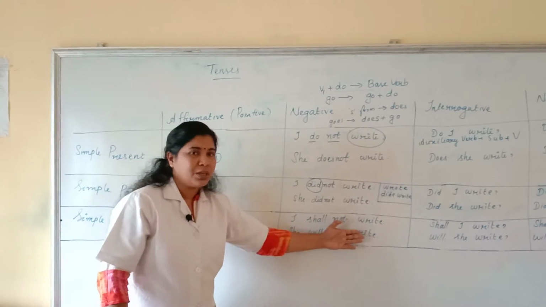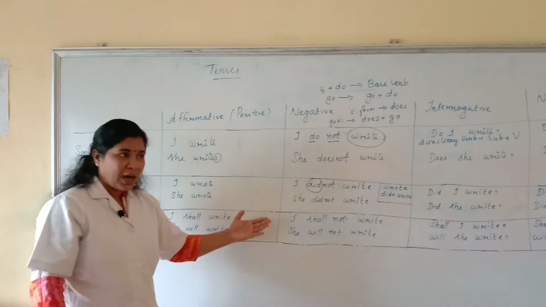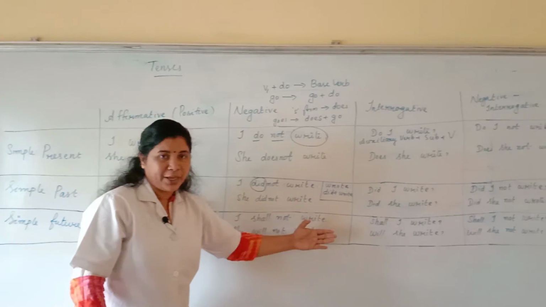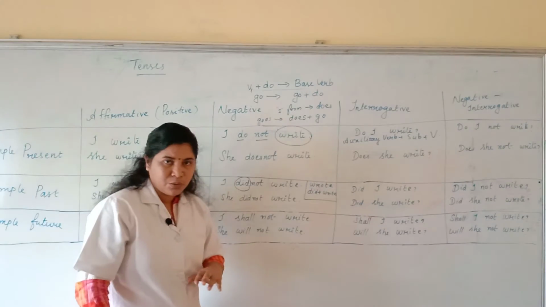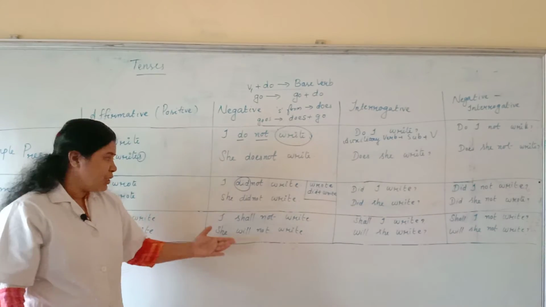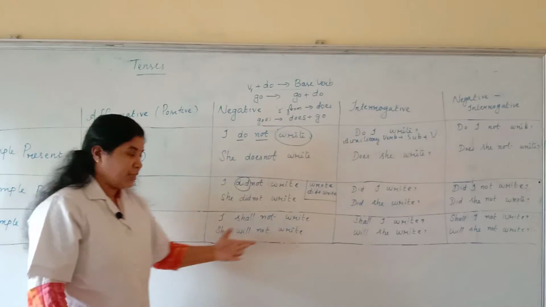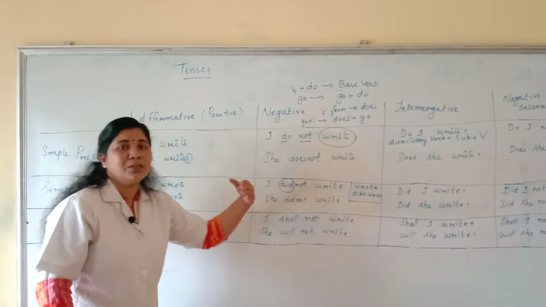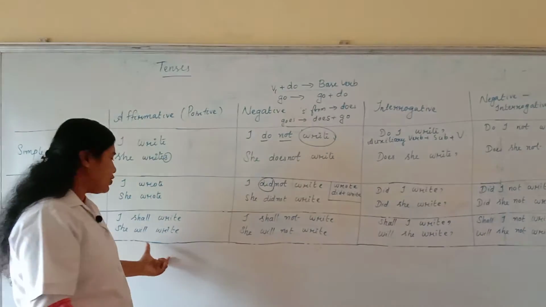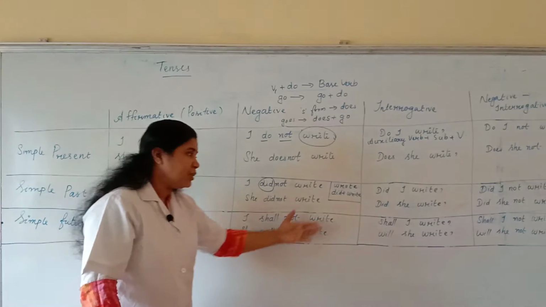I shall not write. What is the negative? I shall not write. She will not write. Here I shall write. Change the same into negative. I shall not write. And here she will write, then she will not write.